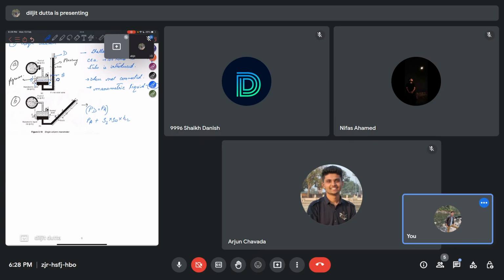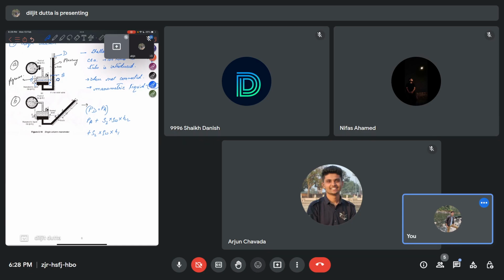So H2 is till B. Now from B to O dash, the height is H1. So again S2 into rho W into H1.